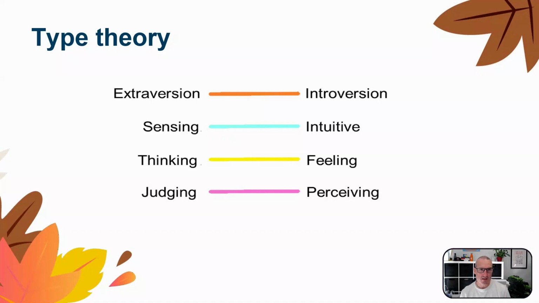If you think of the scale between extroversion and introversion, it's looking at how one draws energy and drive. So is it from within or through engagement with others? The sensing and intuition scale then looks at the kinds of information that one pays attention to.